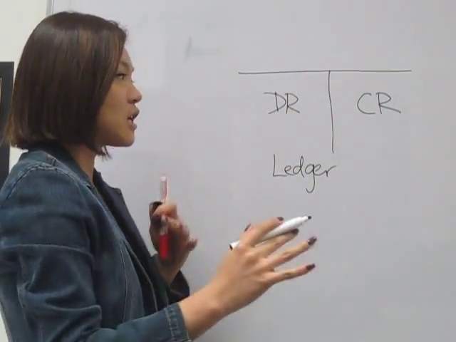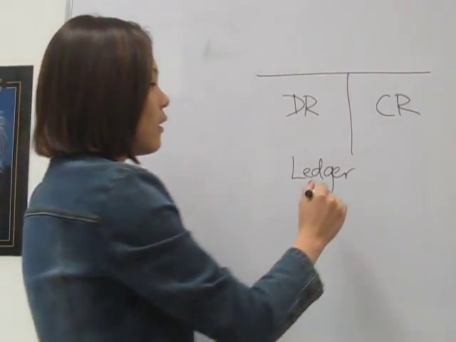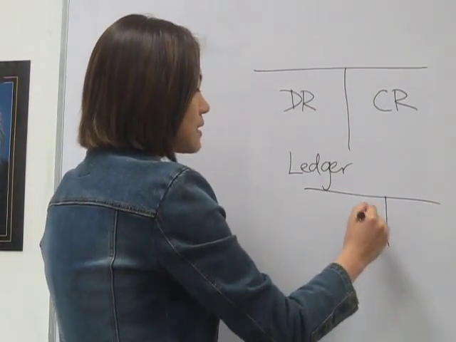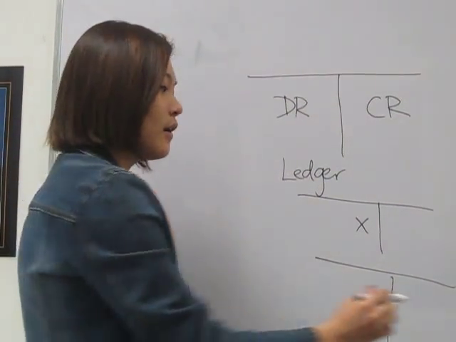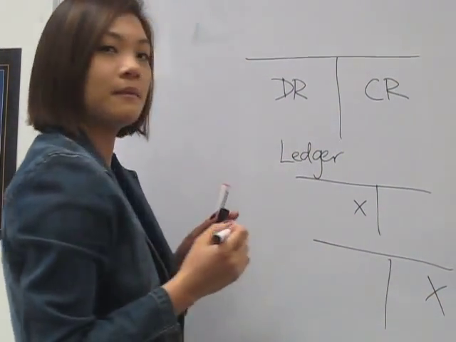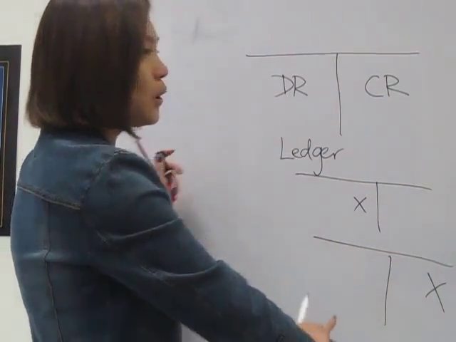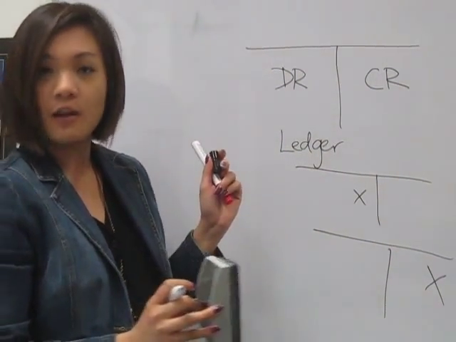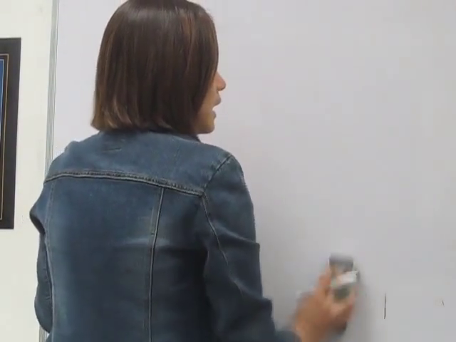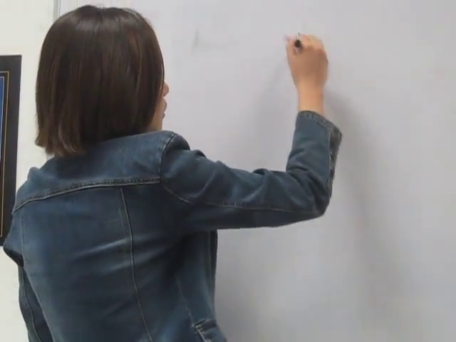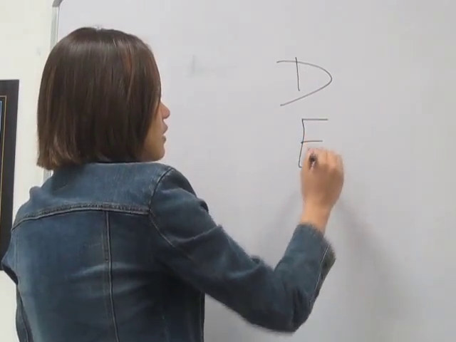For every transaction, there will always be one on the debit side and the other on the credit side. Looking at page number 10 of the book, we just have to follow the DEAD concept to do the double entry.